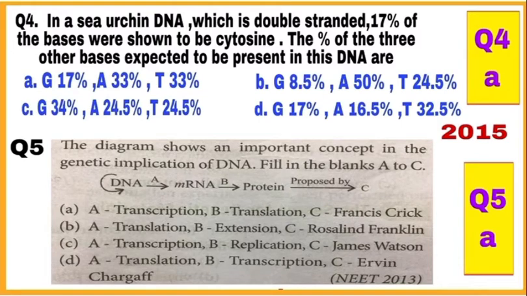So correct answer is A. G or guanine is 17%, A or adenine is 33% and T or thymine is 33%. Mark A as a correct answer.